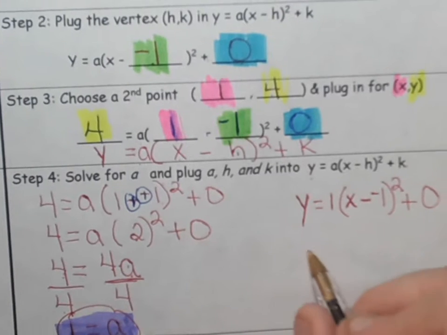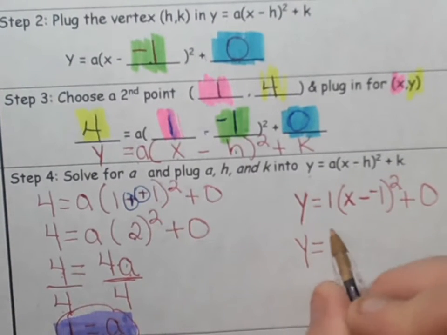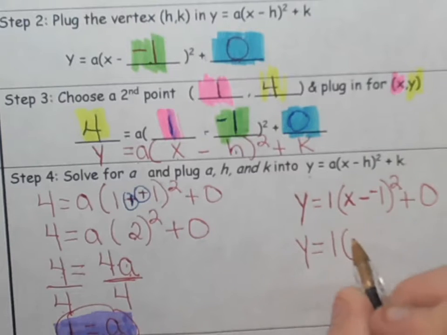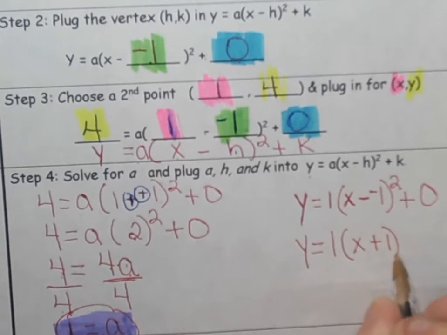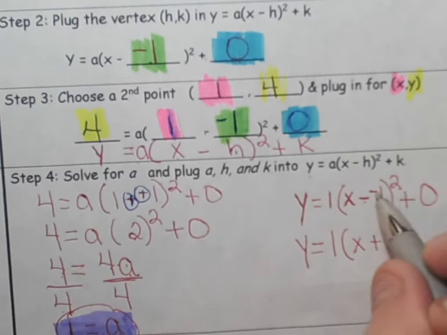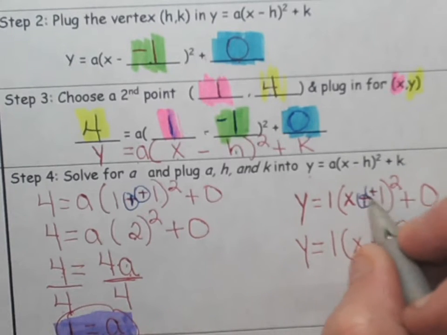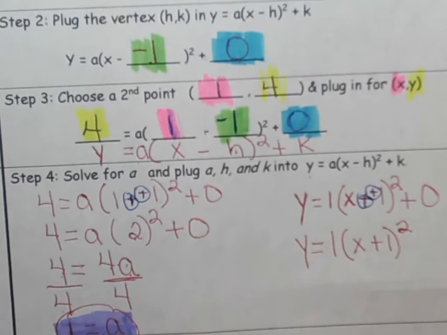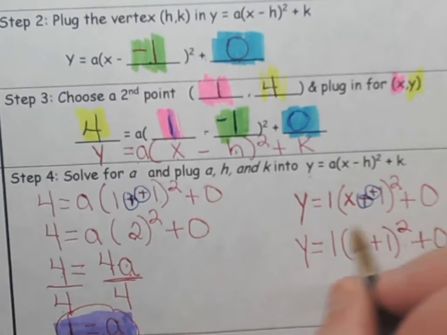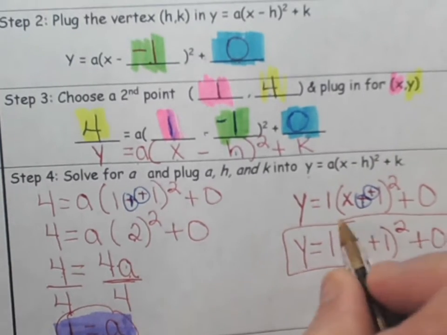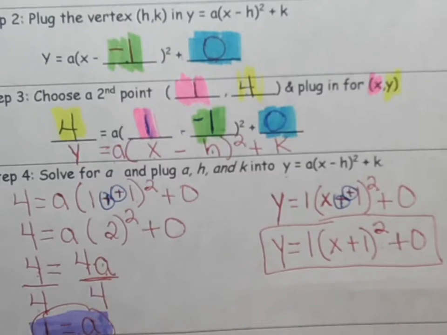Then we're going to simplify further. So we get y equals 1 times x plus 1 squared. How did I get plus 1? Again, minus a negative becomes positive. And then you have plus 0. And this is our equation in vertex form.